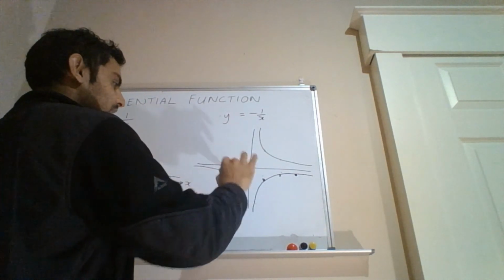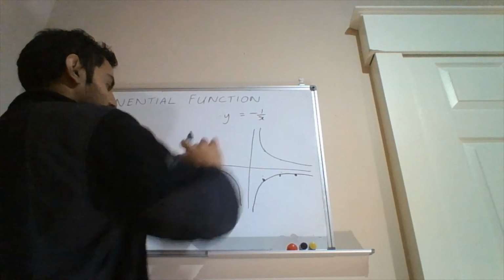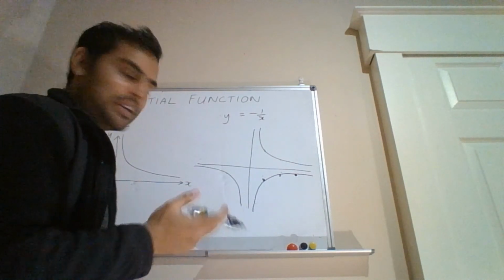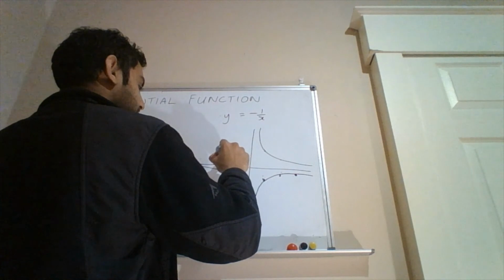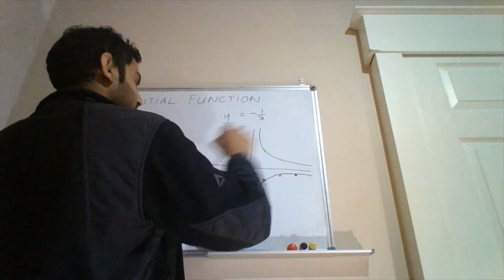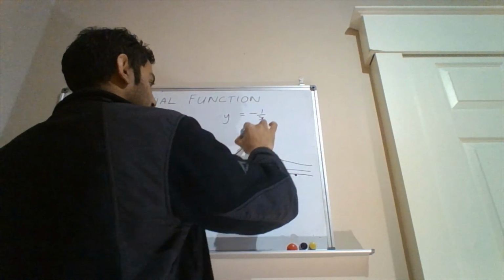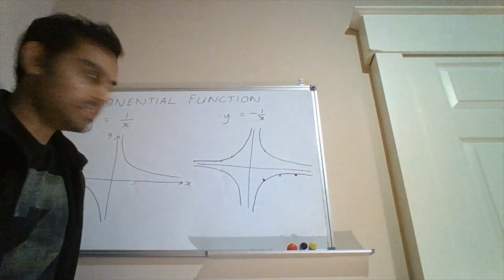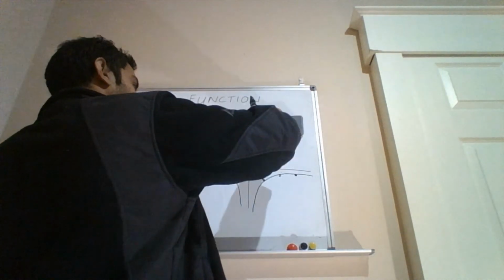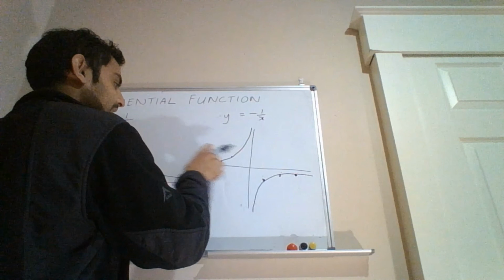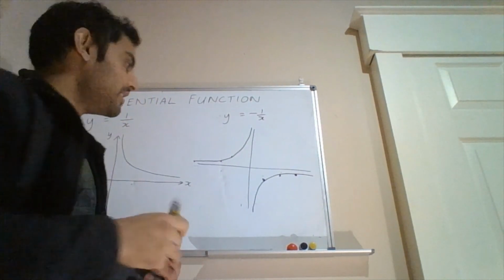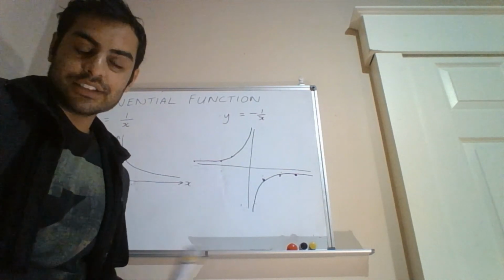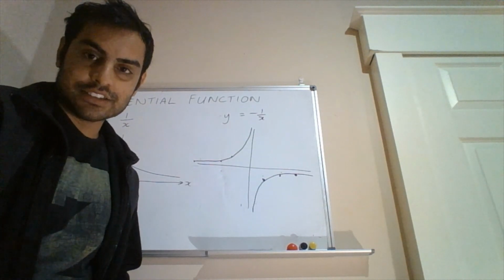Because these are negative values, when we assign a negative to them and flip them, they become positive. So this one flips here, this one here, and we get a branch like this. Then we rub out the old equation, and we can see that yes, indeed, we have the same graph as for the reflection about the x-axis.